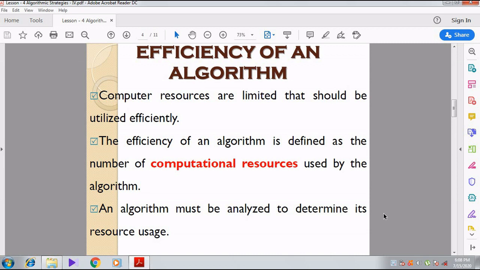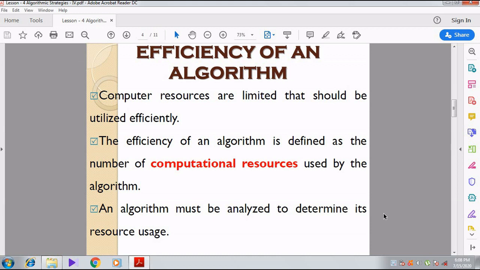A process done manually can be done in a systematic, efficient manner electronically. But most of you are not using the computer efficiently. Playing games, listening to music, watching movies, like that only most of you are using the resource. That is not the real usage of a computer.